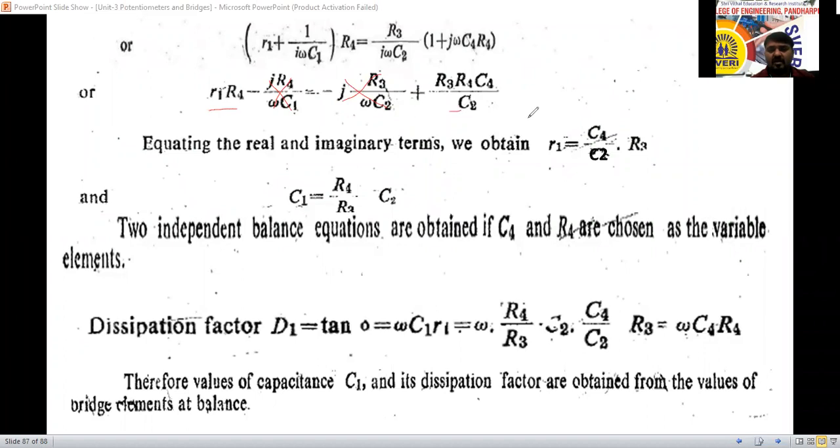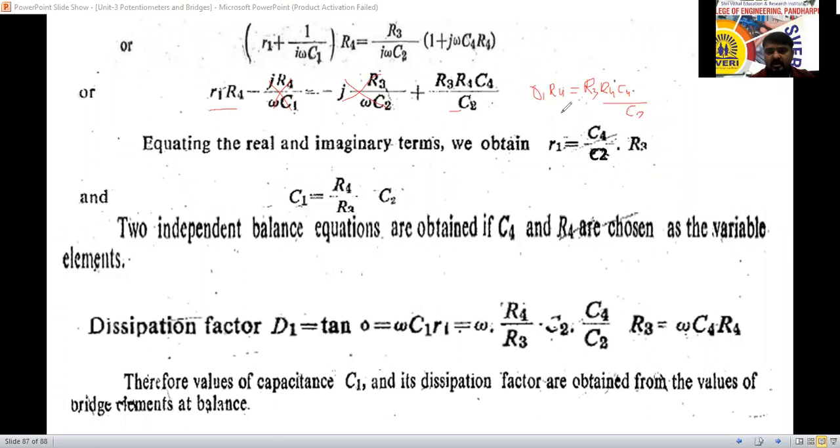What do we do with this? R1 R4 equal to R3 R4 C4 divided by C2.